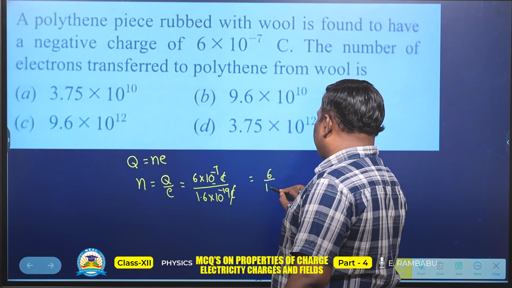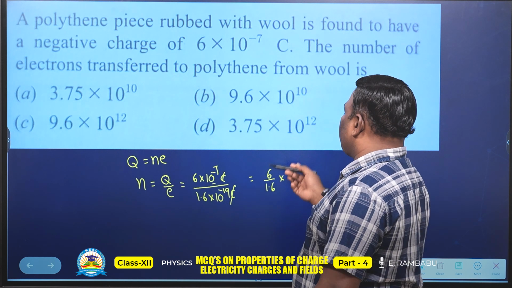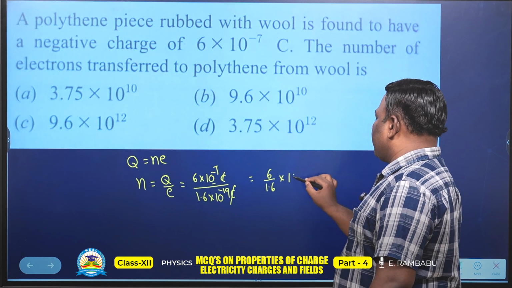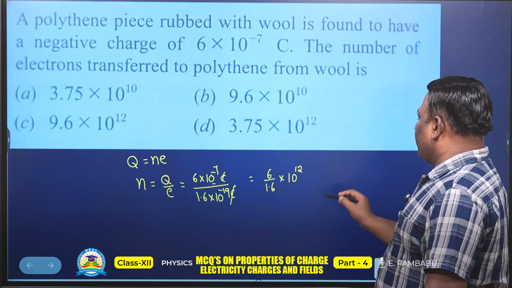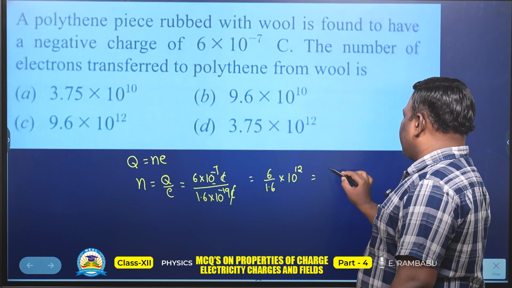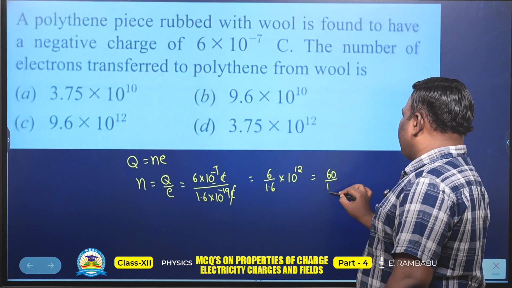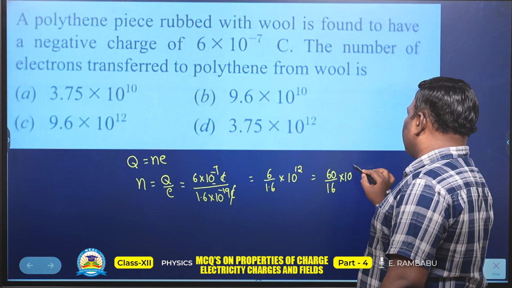It is 6 by 1.6 into 10 to the power minus 19. Taking the power to the numerator, it becomes 10 to the power minus 7 plus 19, that is 10 to the power 12. After that it is written as 60 divided by 16 into 10 to the power 12.